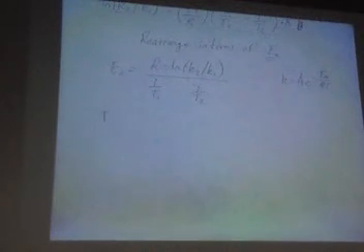So we had T1. Right, so we have T1 equals 700. First one, we have T2 is 760.